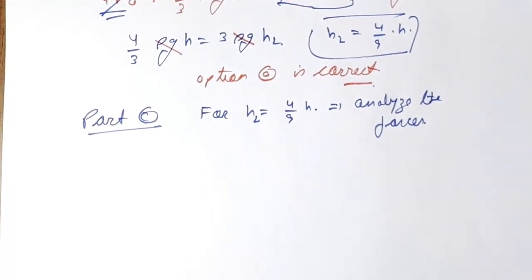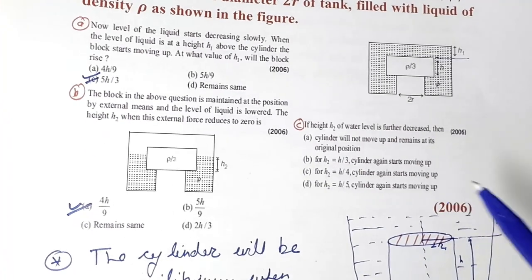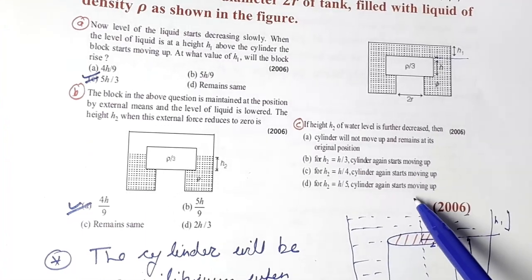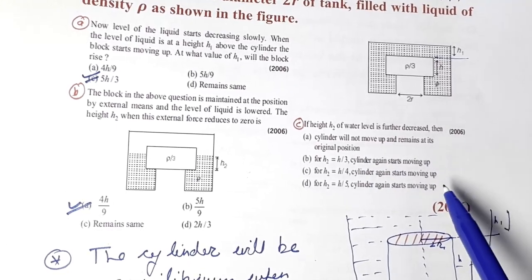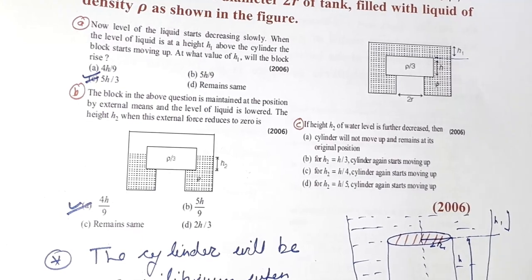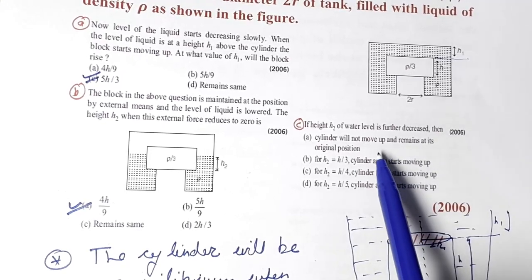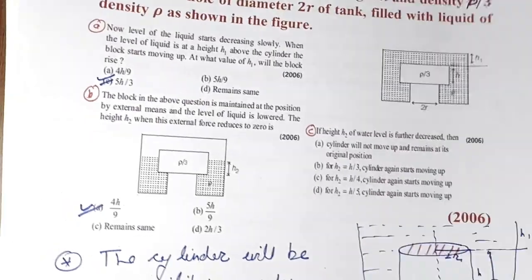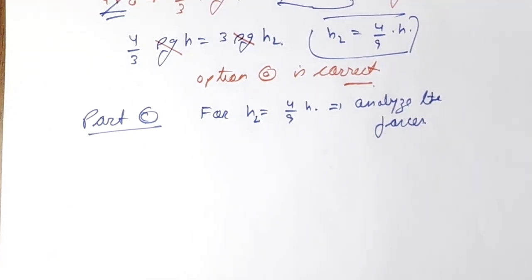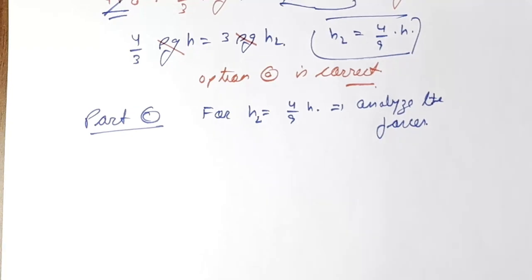So in this case it is only asked whether it is going to move up or remain at the original position. Only two conditions are there. It is going to move up when the buoyant force is higher as compared to the weight, and it is going to remain at the same position if the weight is greater than the buoyant force. So we have to check only this condition, and whichever comes true is going to give us the answer. Okay. So let us find out the buoyant force.